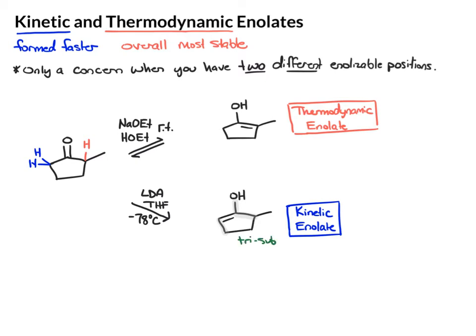Okay, the other double bond in the thermodynamic product has 1, 2, 3, 4 non-hydrogen groups attached to it. It's tetrasubstituted. So in the kinetic enolate, the less substituted double bond forms faster.